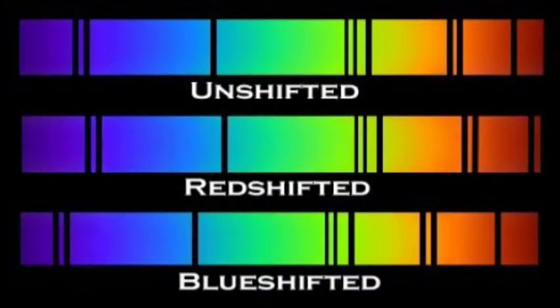That's illustrated here in this figure, which shows you at the top panel an example of an unshifted spectrum. You've got light running from the blue to the red, and laid on top of that light are the dark absorption lines. The second figure shows the case when those spectral lines are slightly redshifted.